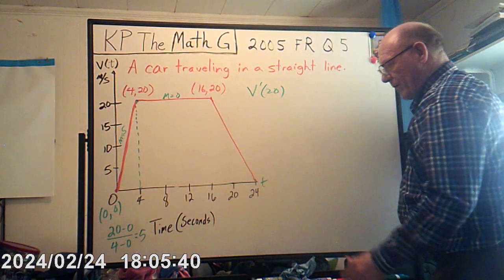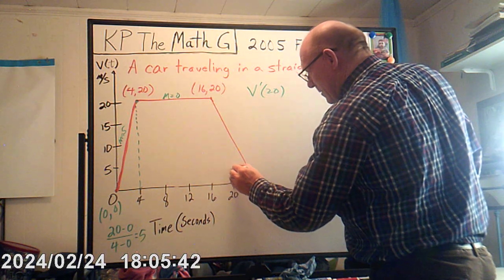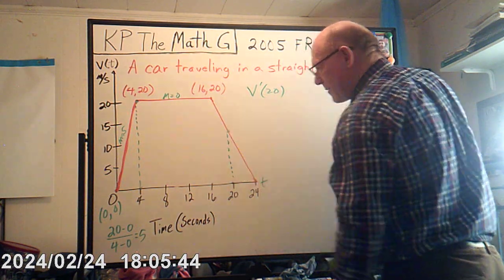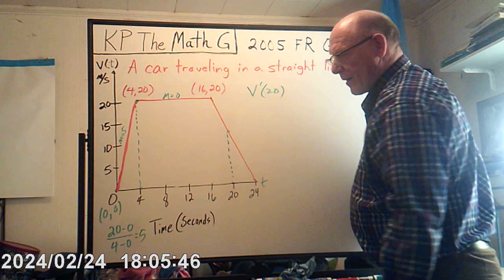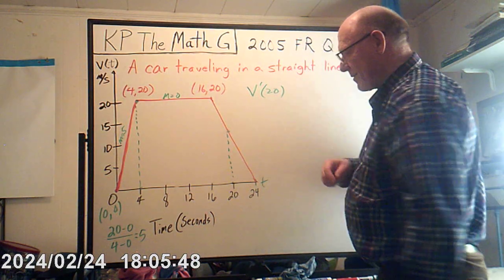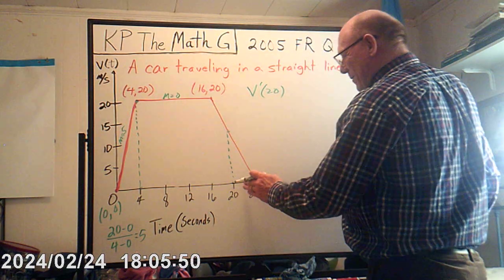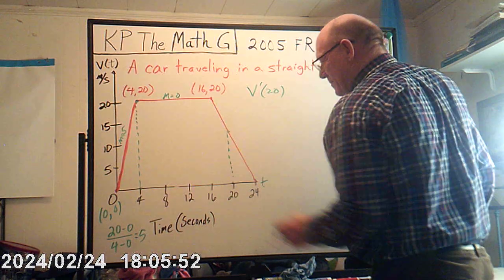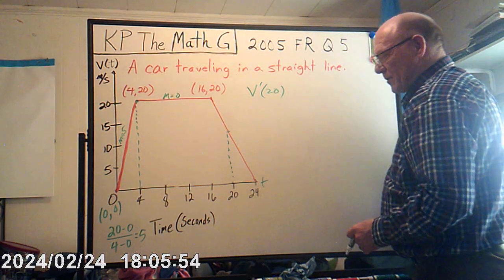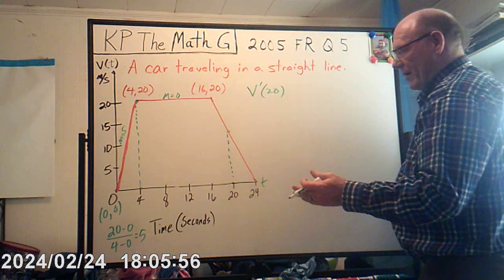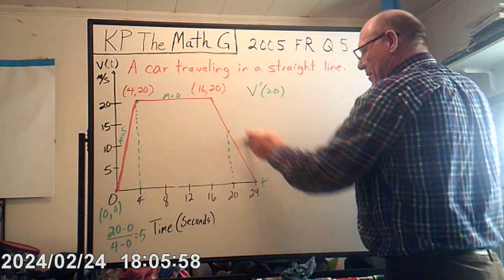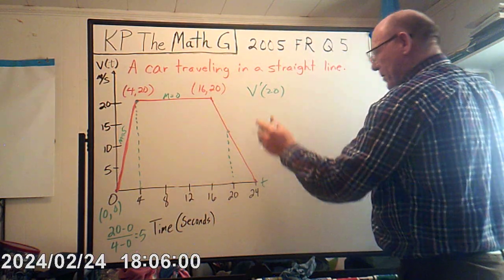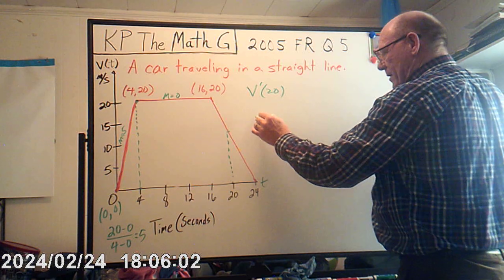Right here. It comes up somewhere. I'll give you a hint, it's 10. Anyway, we're looking at the slope of this. So let's try it.